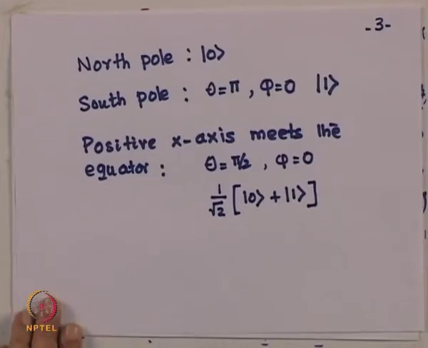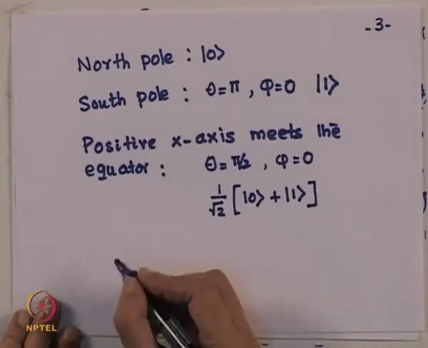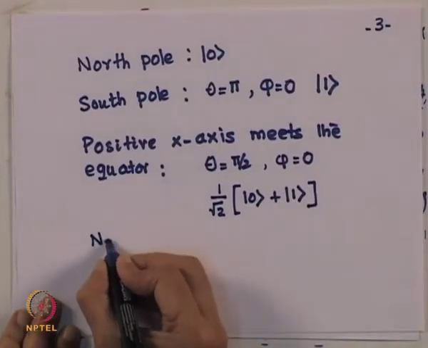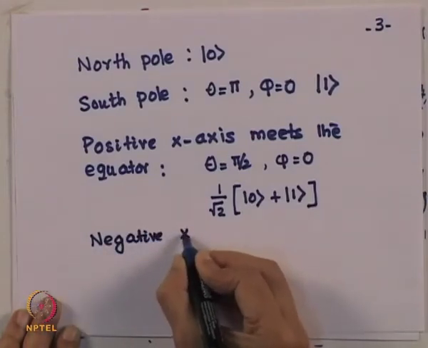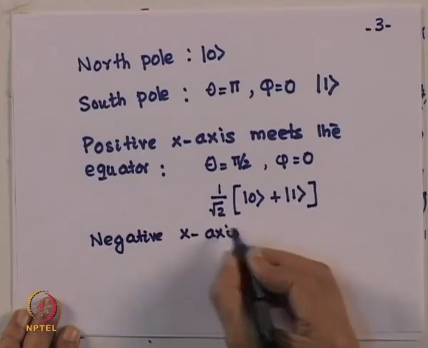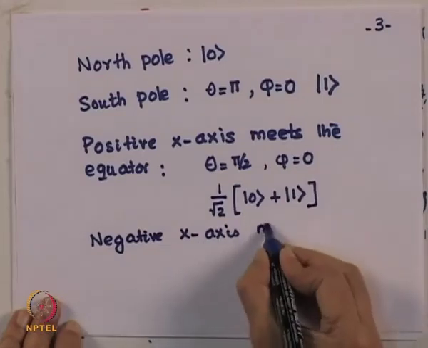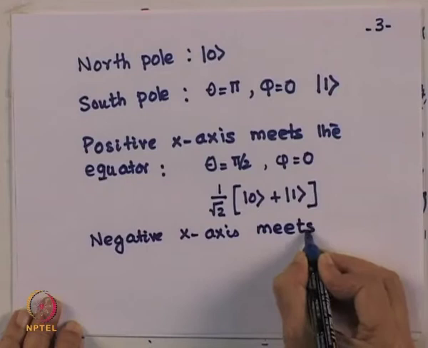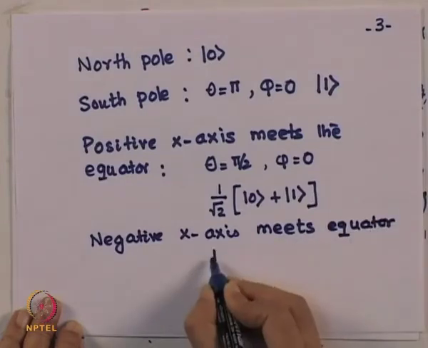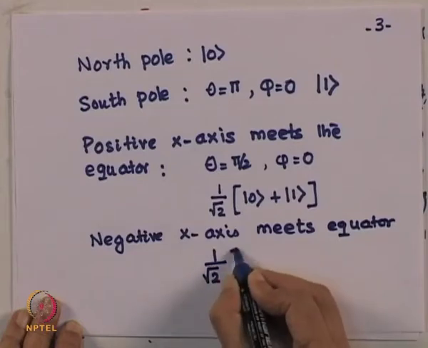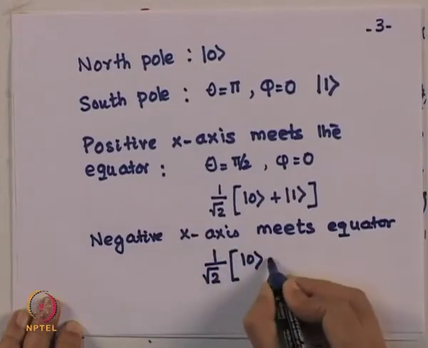And likewise, you can convince yourself that the point where the negative x-axis meets the equator is simply the other basis state in the diagonal basis, that is 0 minus 1.